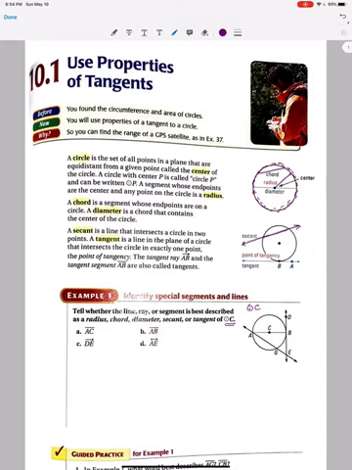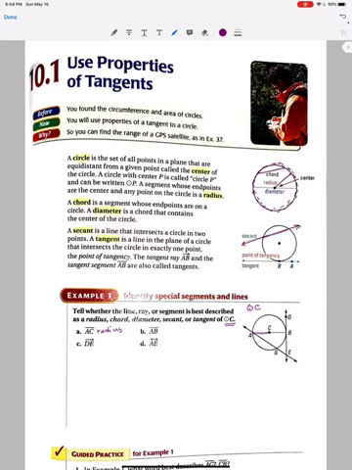So AC right here, that is the radius. And if you have multiple radiuses, it's not called a radius, it's called radii. It's plural. So the plural of radius is radii.